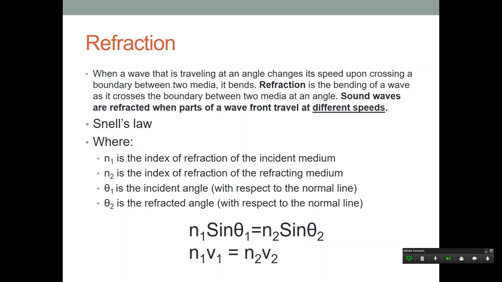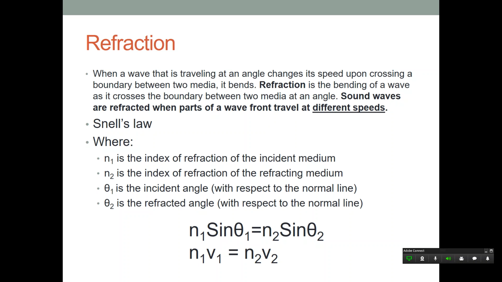Right? Now, what we need to understand for refraction is that light speed depends on the medium it travels in. Exactly like sound, exactly like other waves as well. So let's say you're talking about sound, and we said the speed of sound in air is 340 meters per second, right?